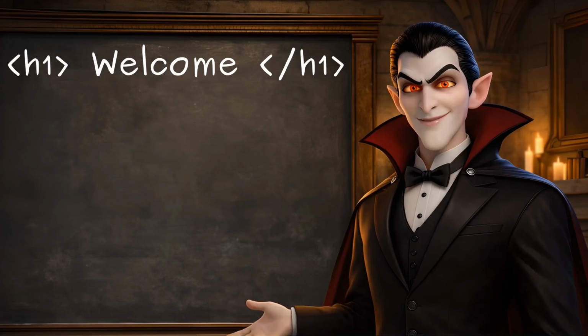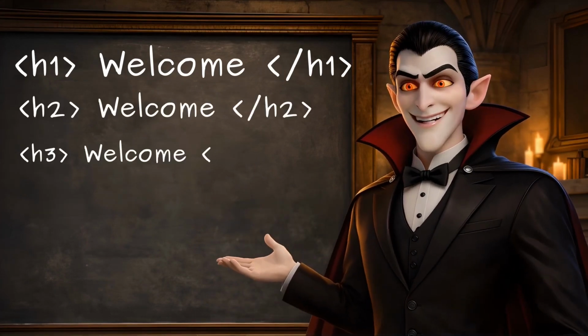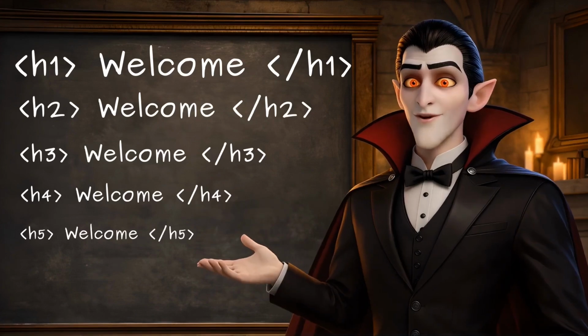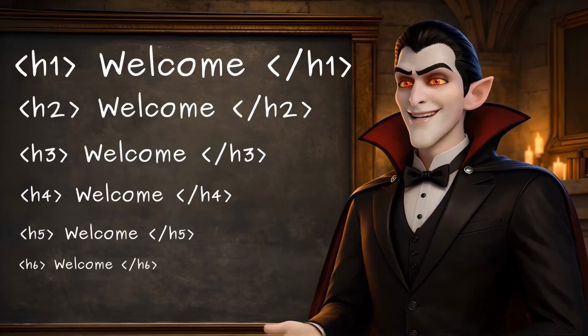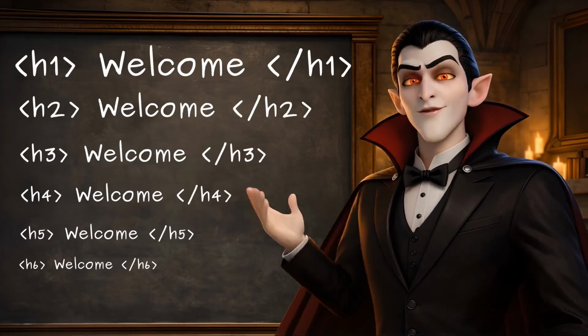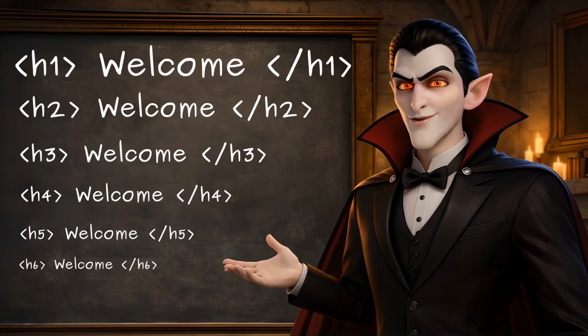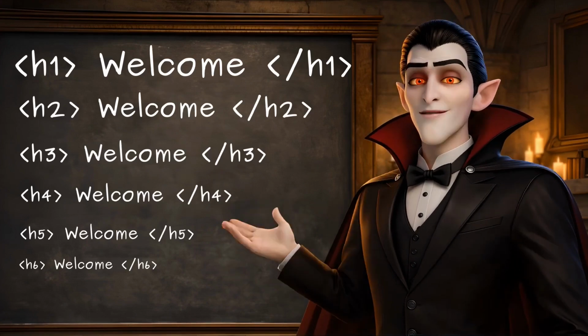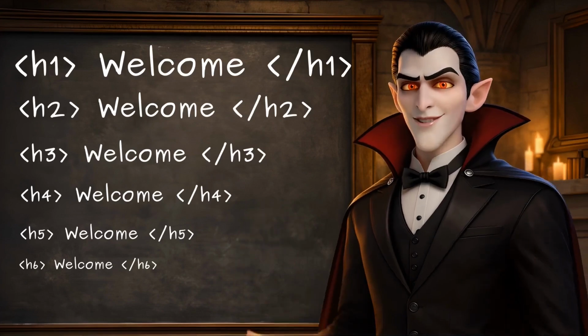He is the eldest. Their names are H2, H3, H4, H5 and H6. Each one is slightly smaller than the one before it. They all appear bold, so they stand out from normal text, but the true purpose is not decoration, it is structure.